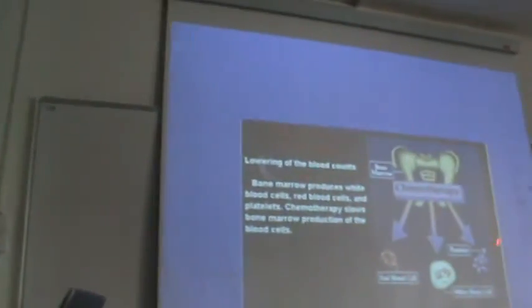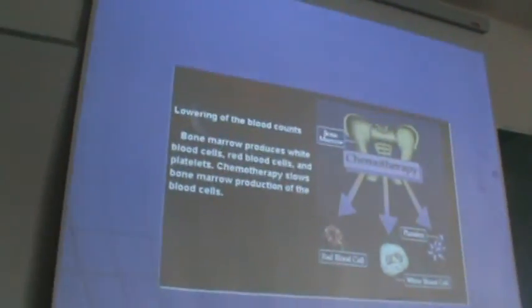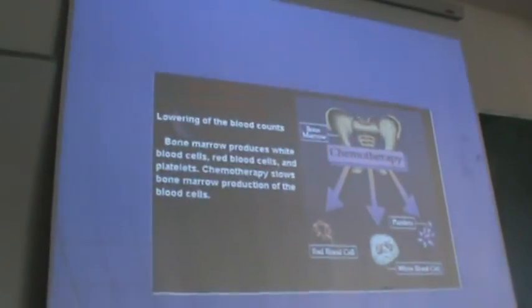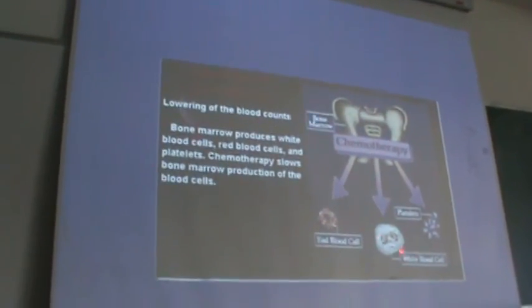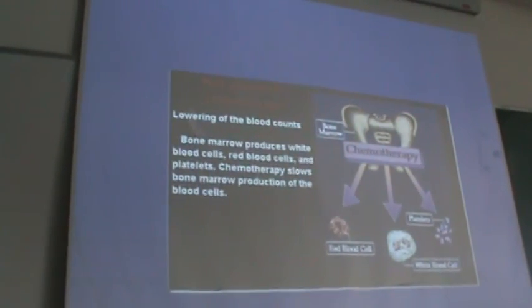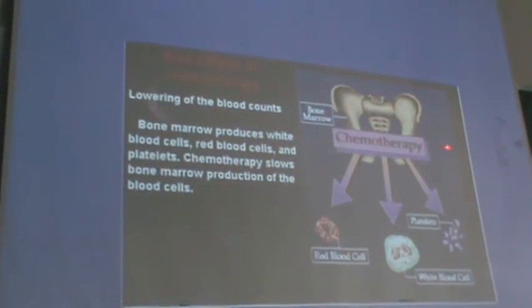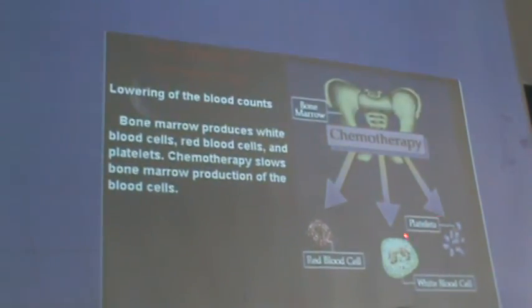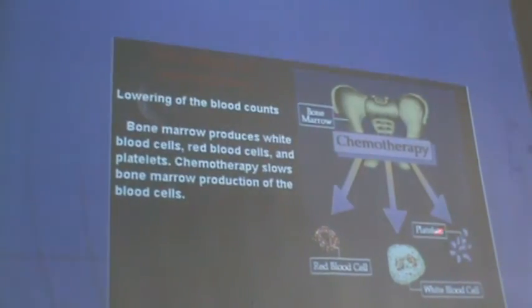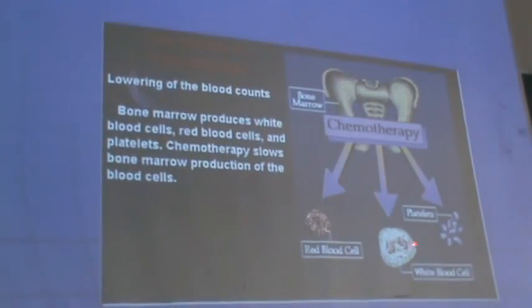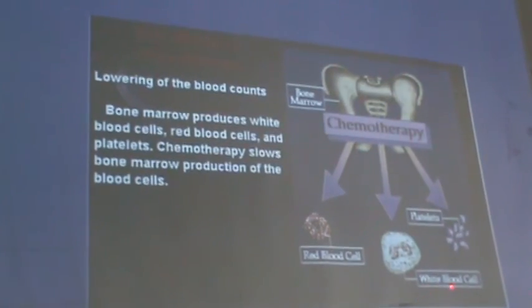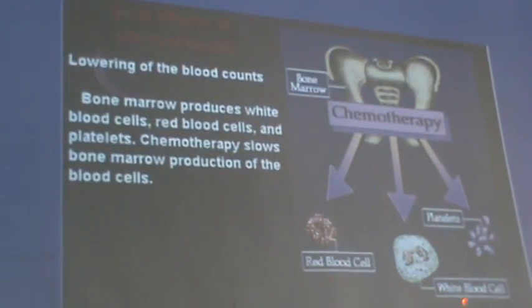Also, the bone marrow is insulted, and usually there is an effect on the platelets which may lead to a bleeding tendency. The white cells will be knocked down, and the patient is more prone to infection.